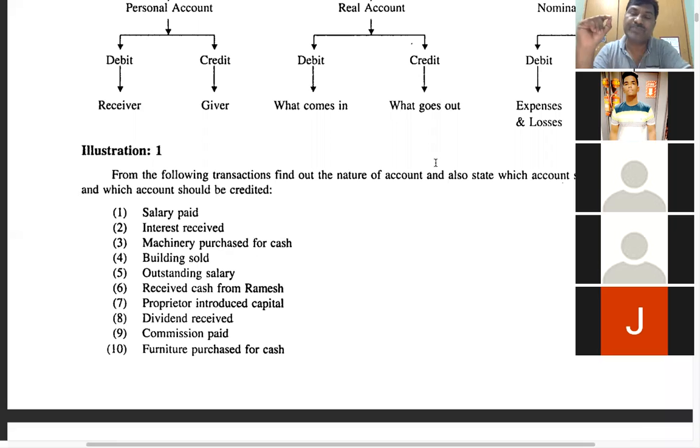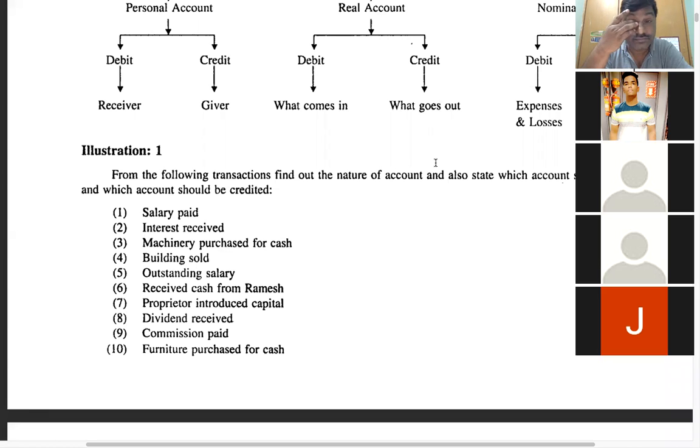Okay, now look at this. When you are attempting, I don't expect a 100% correct answer. Why I'm asking is, if you don't know, I'm here to correct you, right? So don't worry, right, wrong, nothing. You just speak out. Okay, go ahead, Aditya. Even if it is wrong, speak.